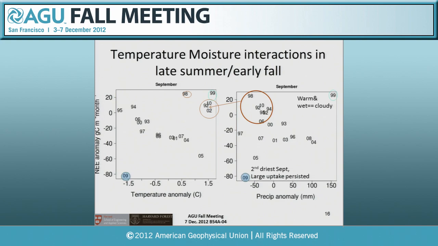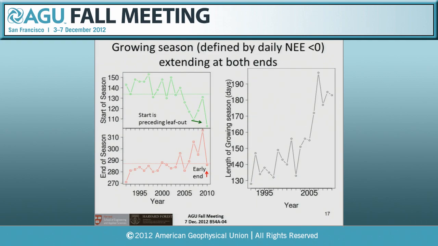And then, as I said, 2009 is an outlier. You see there's a lot of uptake in 2009. So even though it was dry in September, it was very dry and cool, it still had anomalously high uptake. And I believe that's because the system had been charged with a lot of water during the summer, so the vegetation could keep going during that time of year.